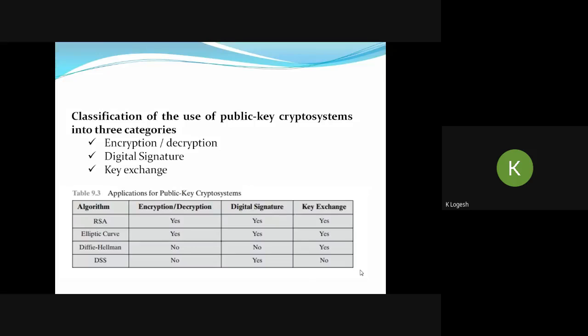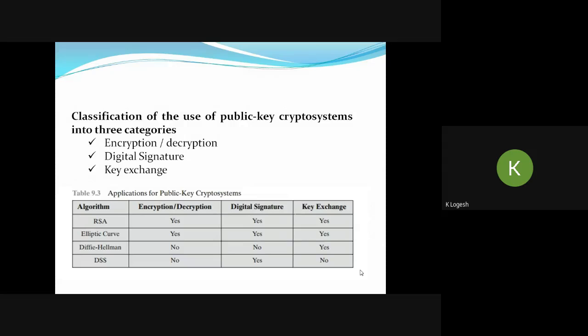Now we'll see, using each algorithm, which categories are satisfied and which are not. The 4 algorithms are: first, RSA algorithm; second, elliptic curve algorithm; third, Diffie-Hellman algorithm; fourth, DSS algorithm.